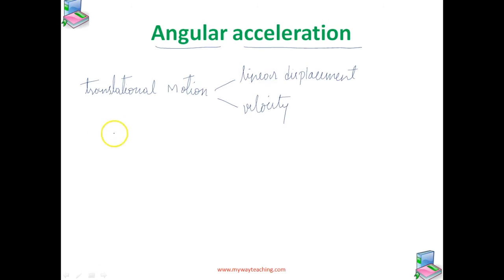In case of rotational motion, we have angular velocity and angular displacement.